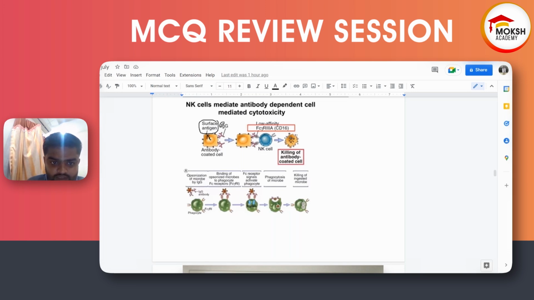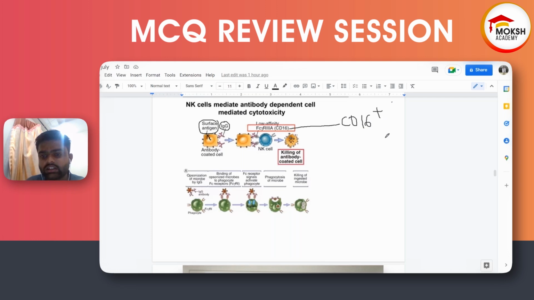This cell surface antigen is recognized by antibody, usually IgG, and this antibody is recognized by natural killer cells, usually through CD16.